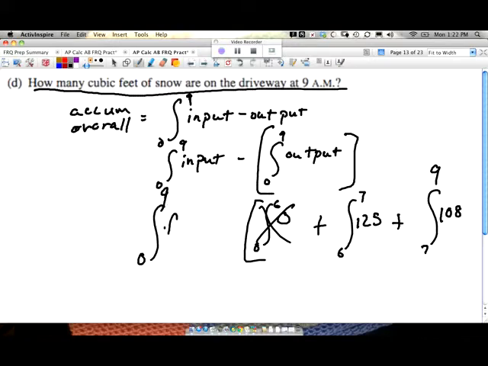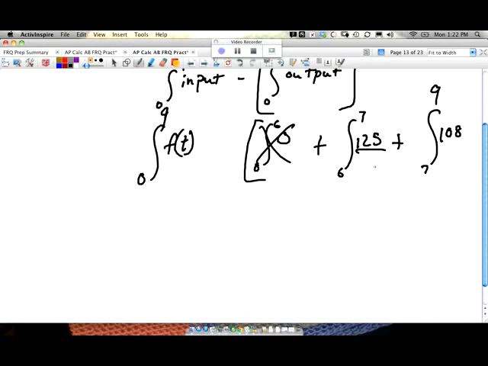And then this integral from 0 to 9 of f of t dt. At this point, if you think she did 125 cubic feet of snow for an hour, how much did she do from 6 to 7? That's 125. And then she did this one, 108, for 2 hours, so that's 2 times 108.